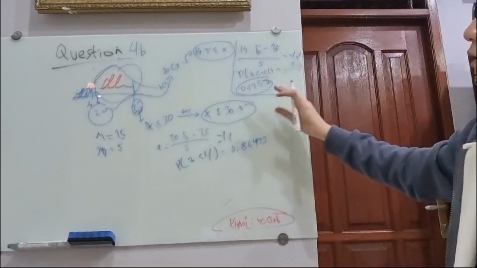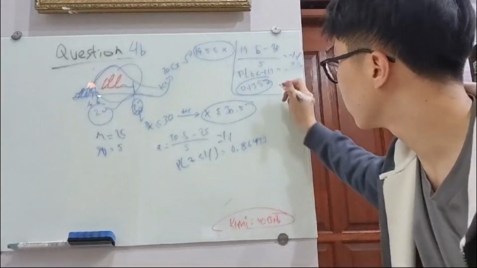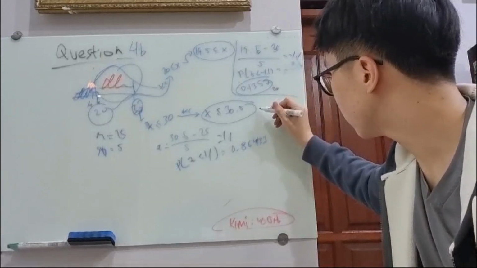So we already have the score and probability of 20 here and 30 here.